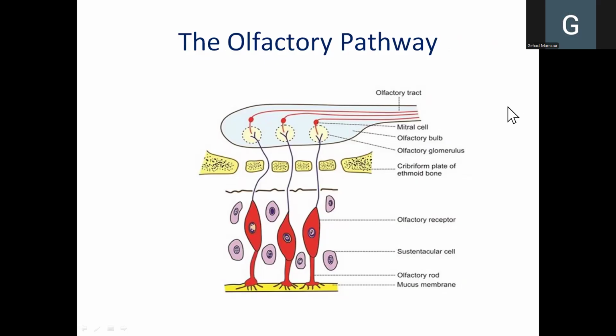The olfactory tract will move along the lower surface of the frontal lobe until it reaches the olfactory center on the medial aspect of the temporal lobe. The olfactory glomerulus is nothing but these synapses that exist between the olfactory receptors and the axons of the olfactory tract.